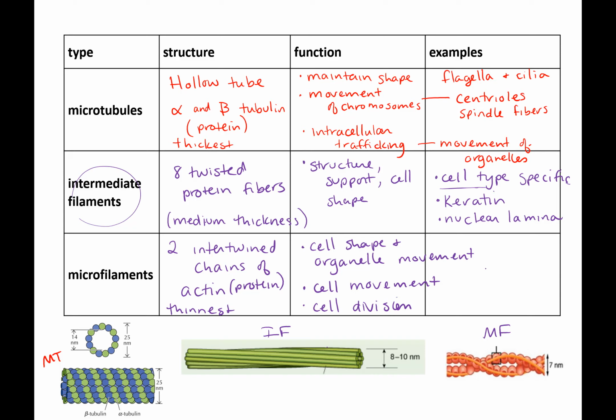Microfilaments are also important in muscle contraction. So when you learn some anatomy and physiology, and again cell biology, you'll learn about actin microfilaments and how they're important in muscle contraction.